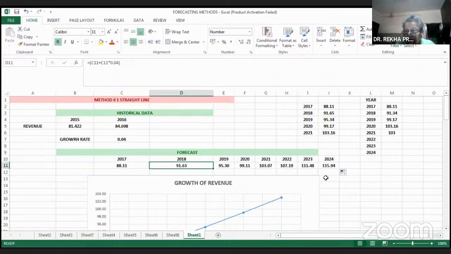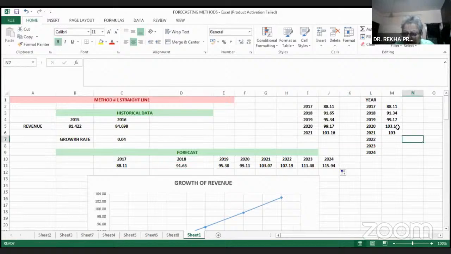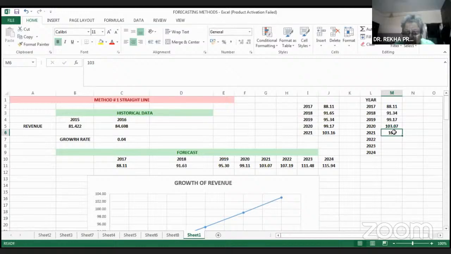So this is your revenue up till 2024. It is 103.07, then it is 107.19.